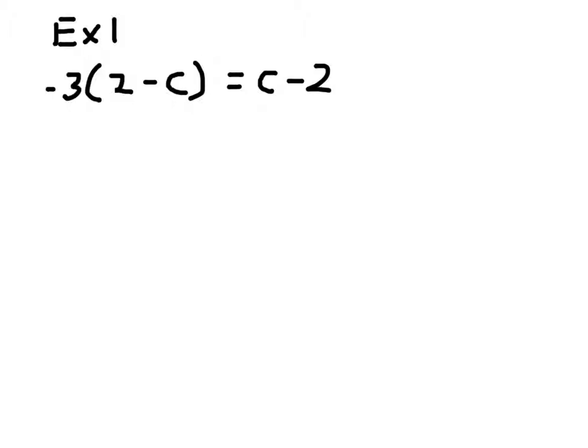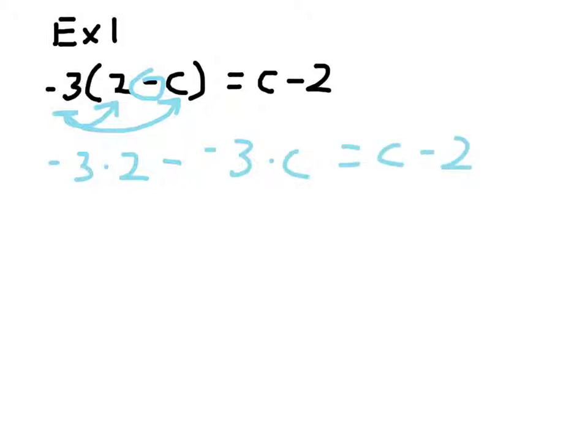What's right in front of the parentheses? A negative 3. So I'm going to distribute the negative 3: a negative 3 times 2 minus a negative 3 times c, and that's equal to c minus 2.